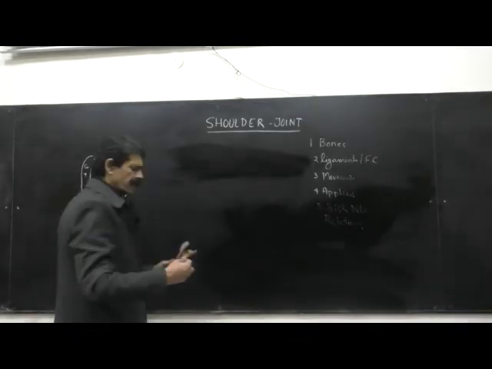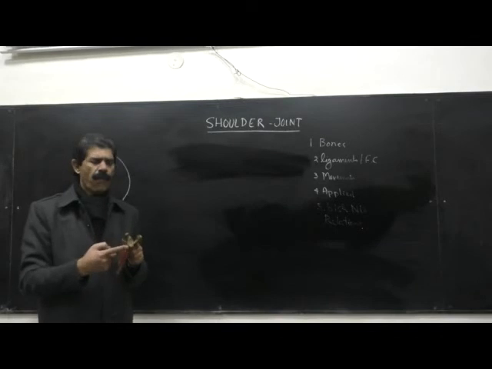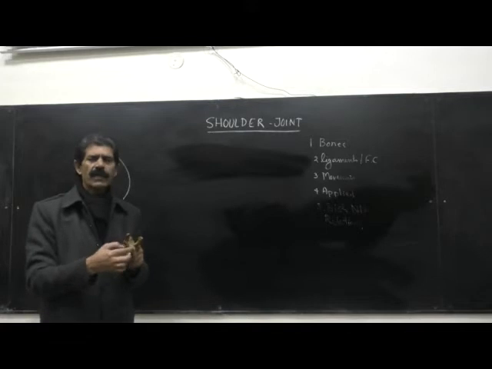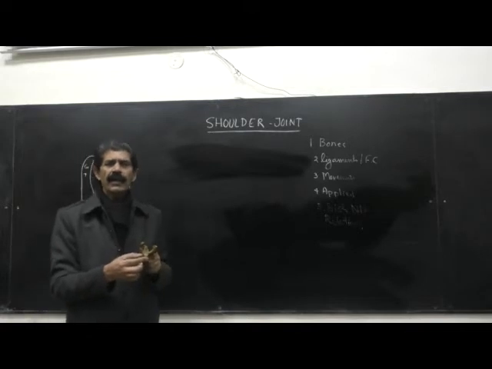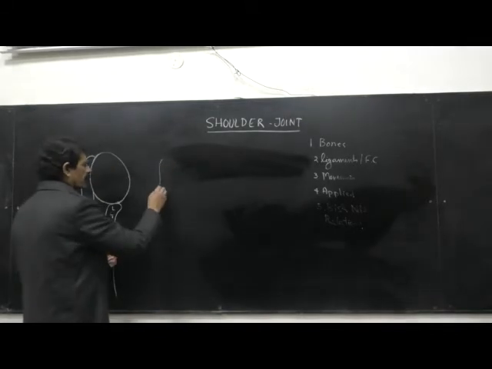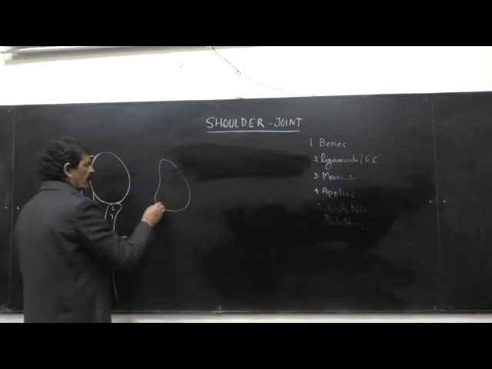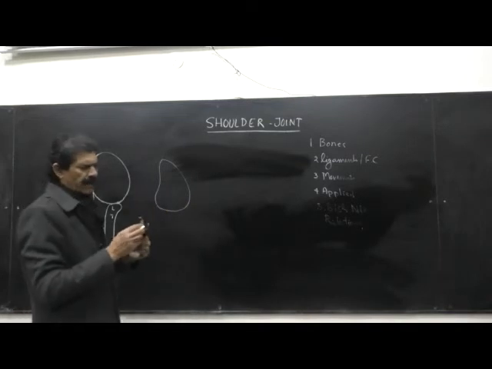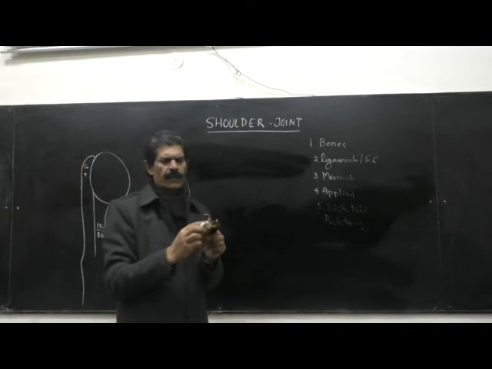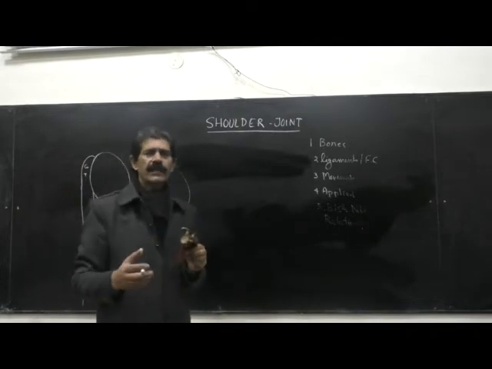And on the other side, the joint is completed by the scapula. And which part of the scapula? The lateral angle of the scapula, which is also called the glenoid cavity. It is triangular in shape, broad below and narrow above, but it is a shallow cavity as compared to the acetabulum.